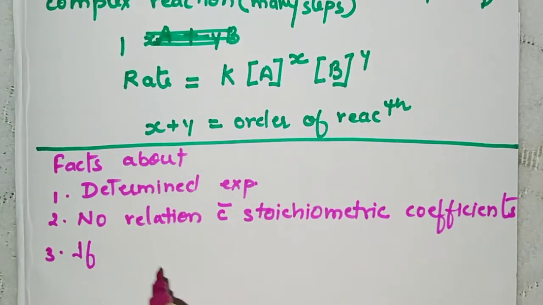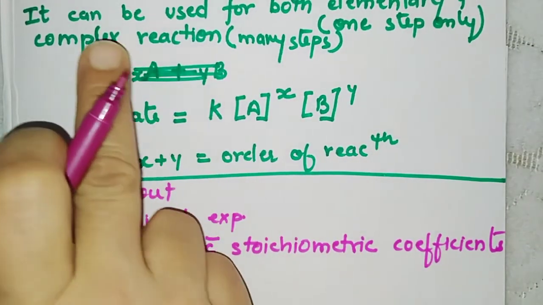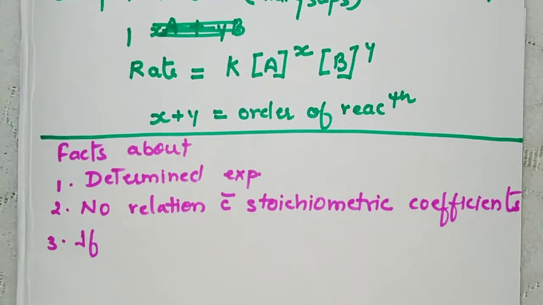If a reaction is in several steps, like our complex reactions, then what will happen?